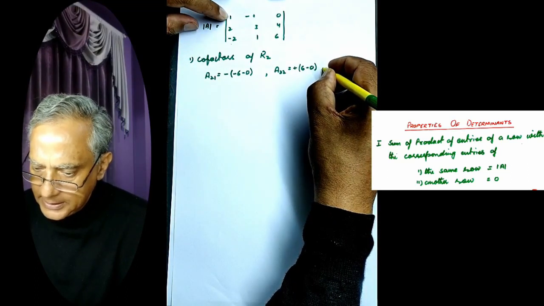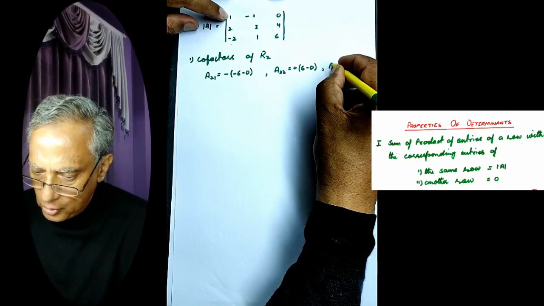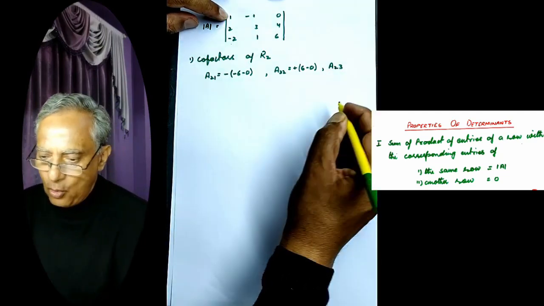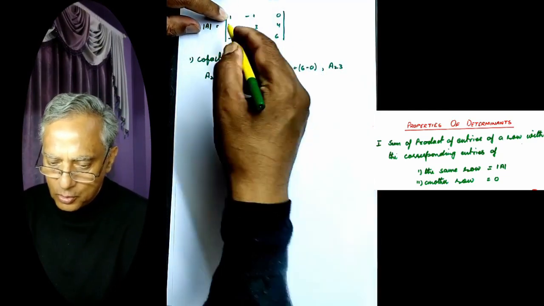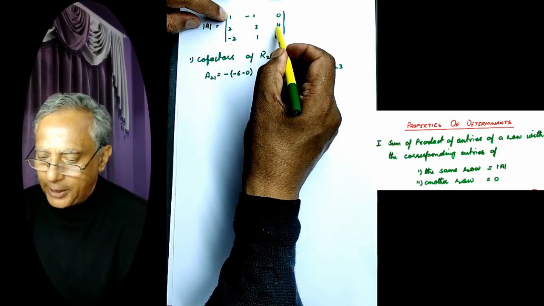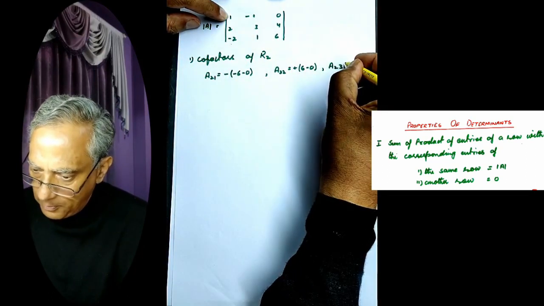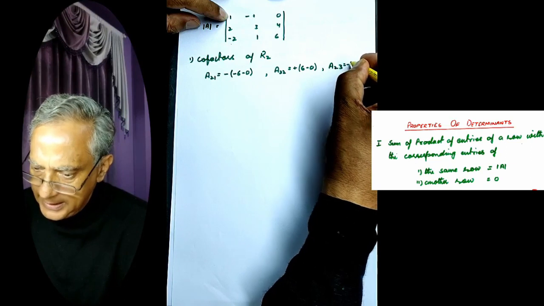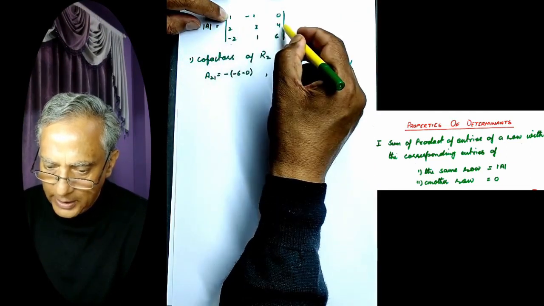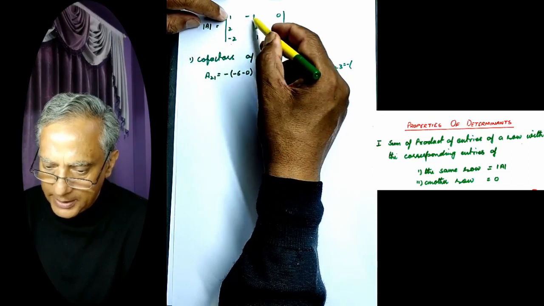And next is A23, second row and third column. A21, A22 and A23. So this is an odd place. We will have a negative sign. This row and column are gone. We are left with 1, -1, -2, 1.